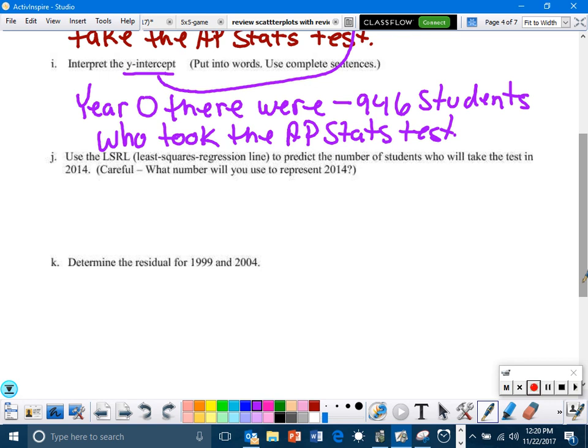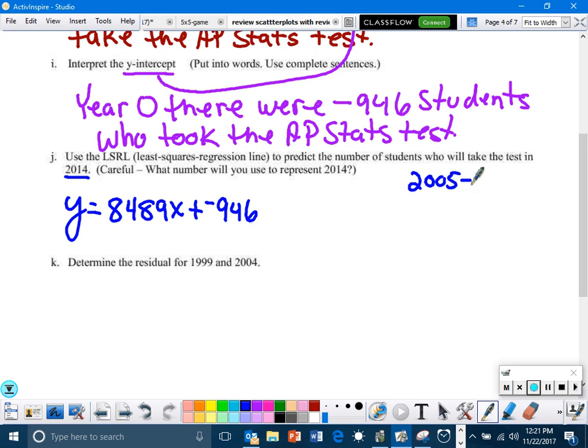All right, use the least squares regression line to predict the number of students who will take the test in 2014. All right, so y equals 8,489x plus negative 946. Okay, but hold on here. I have to figure out what number to use for 2014. 2005 was the number 9.